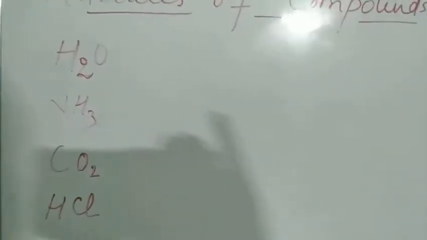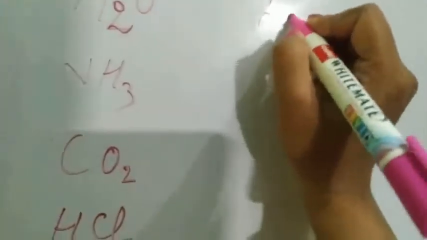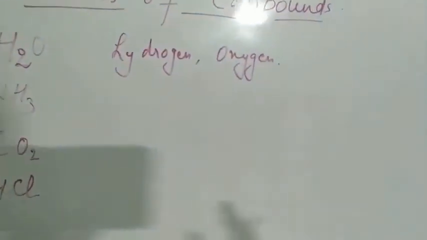Now if we want to see the combining elements, what do we have here? We have hydrogen and we have oxygen. These two elements combine in a fixed ratio by mass. For example, two hydrogens and oxygen.